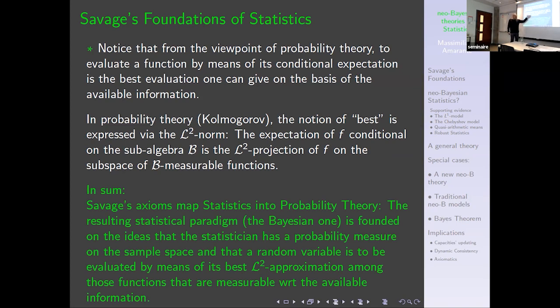What comes out is, as you know, Bayesian statistics. And so Bayesian statistics, being descended from this map, is founded on the idea that the statistician's belief is a probability measure on the sample space, and that the random variable is evaluated by means of its best L2 approximation by those functions that are measurable.